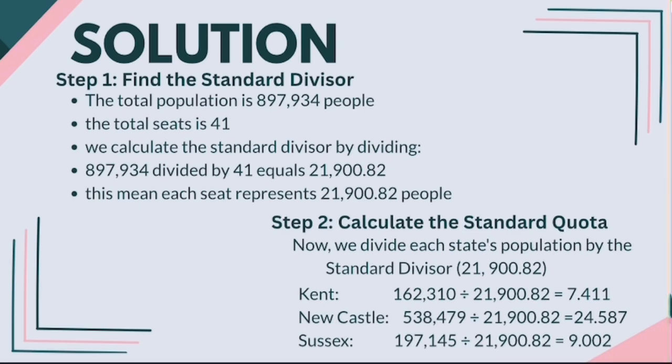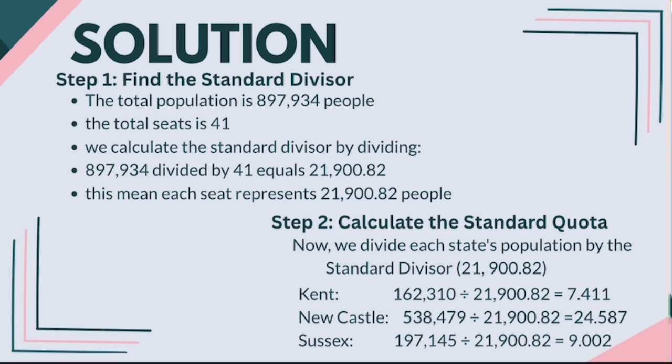Step 2. Calculate the standard quota. We divide each county population by the standard divisor, 21,900.82. Kent is 162,310 divided by 21,900.82 equals 7.411.